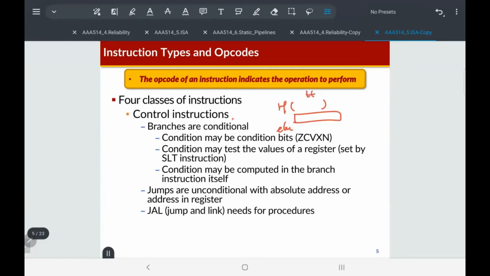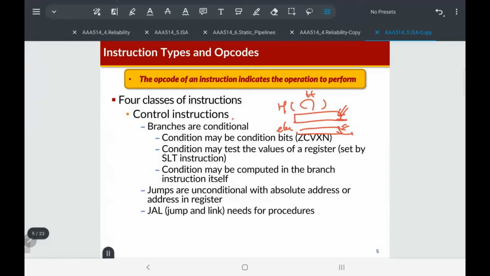Based on these conditions, some instructions for this statement can be executed, or other instructions for another statement can be executed.